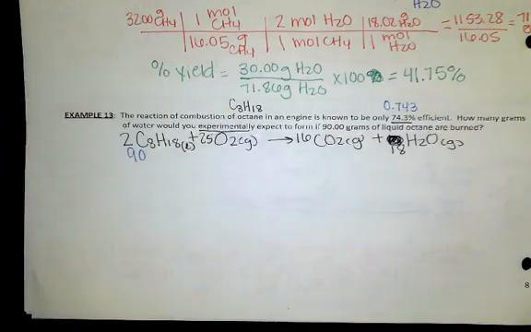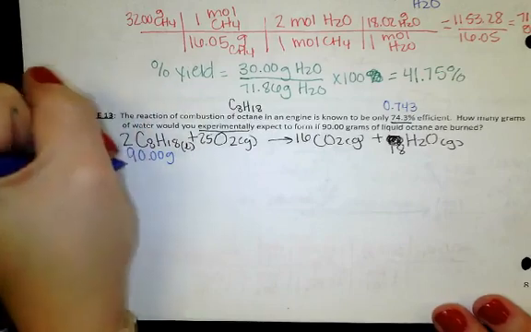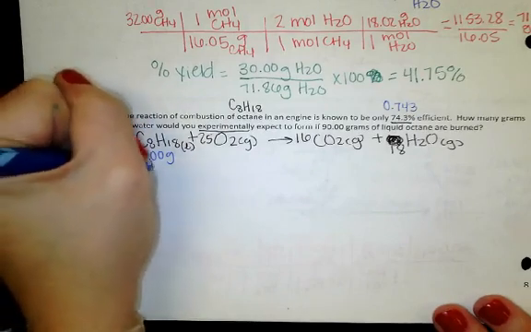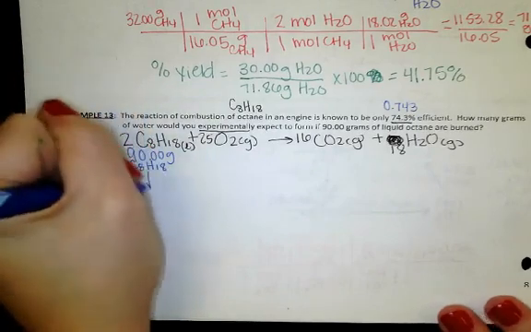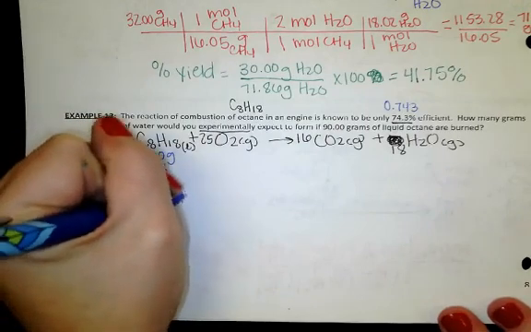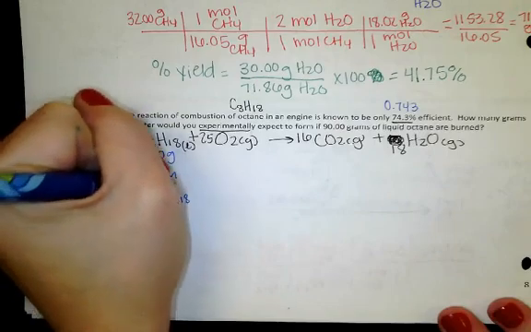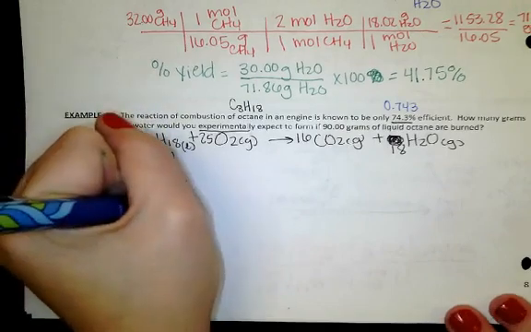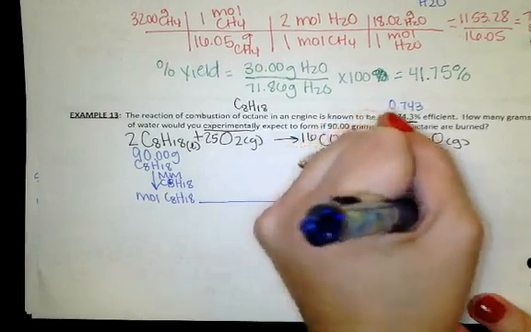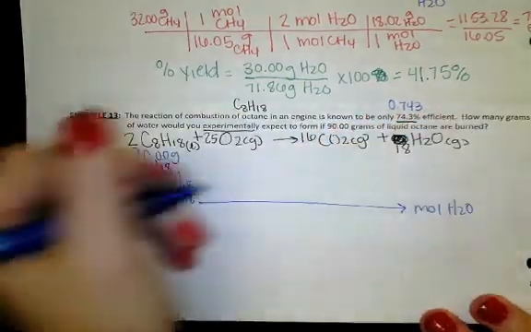Okay, we're going to convert grams of octane to moles of octane using the molar mass of octane. Then we're going to go from moles of octane to moles of water using those molar ratios. So 2 moles of octane to 18 moles of water.